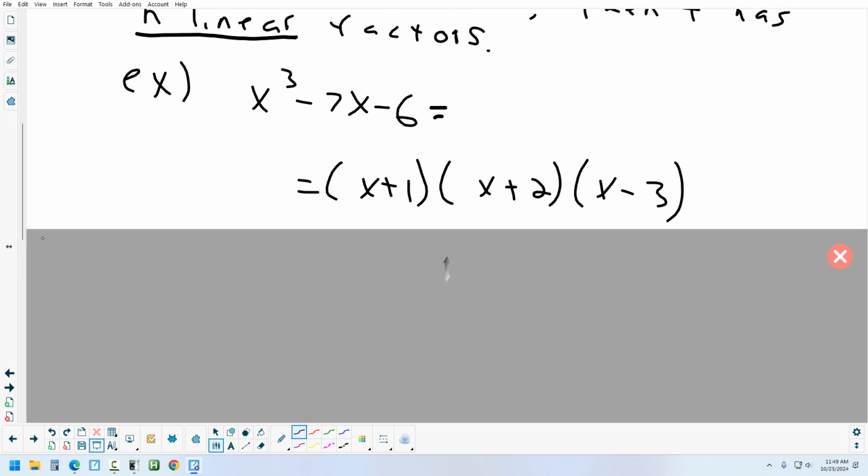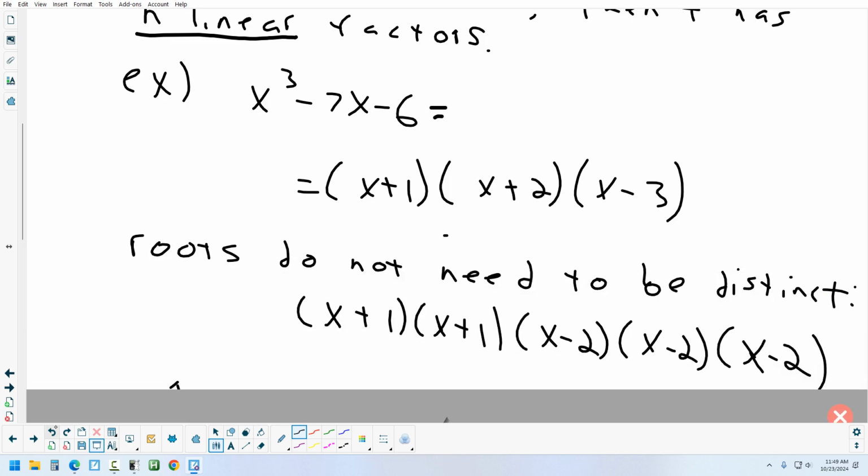How about if I had something with an exponent of 5 as the highest exponent? How many sets of parentheses would that have when I factor it? It would have 5. Now, when you write 5 sets of parentheses, the parentheses do not need to all be unique. You can have ones that repeat.